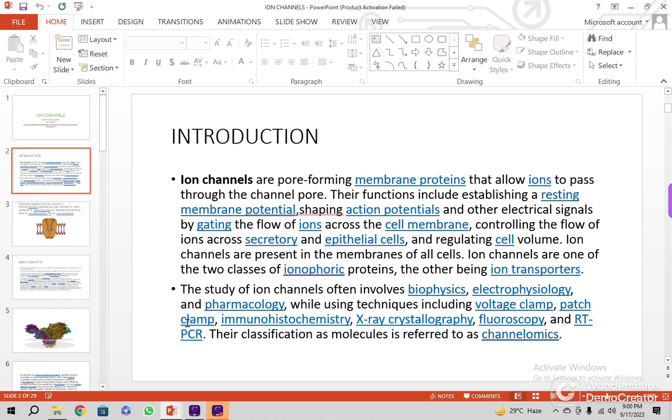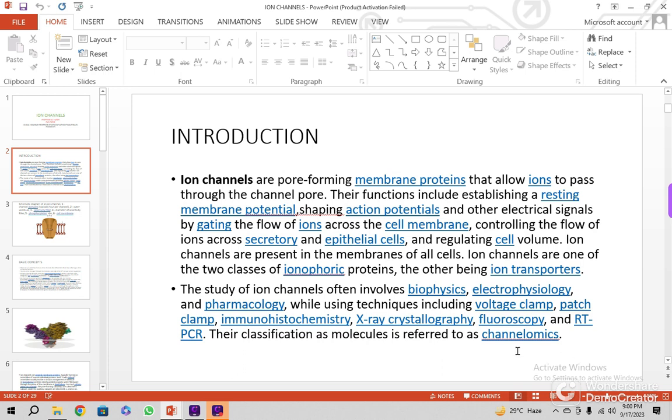As far as the molecular classification is concerned, it is called channelomics. Now this is a subject which was recently introduced and is in the process of development, and a lot of people are doing their PhDs in channelomics, because this is a very important concept for drug action.